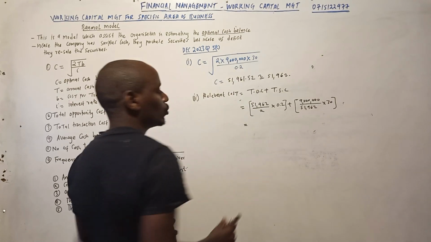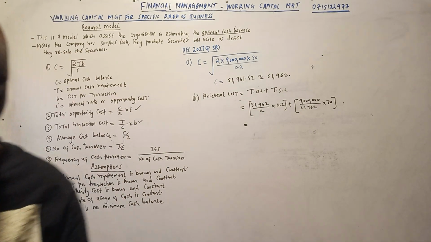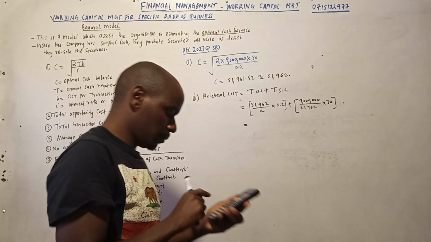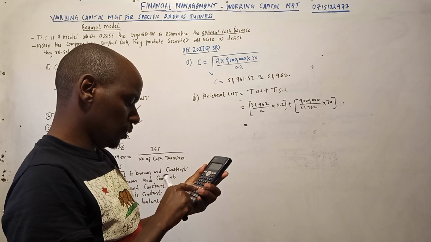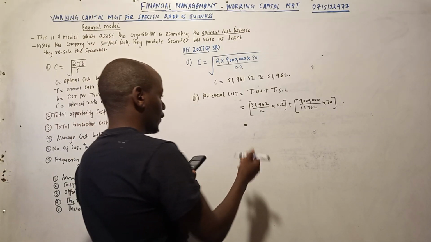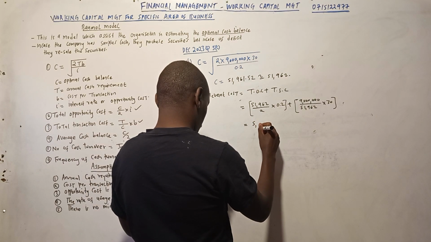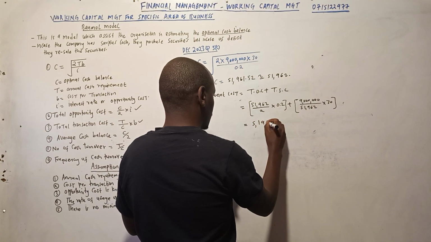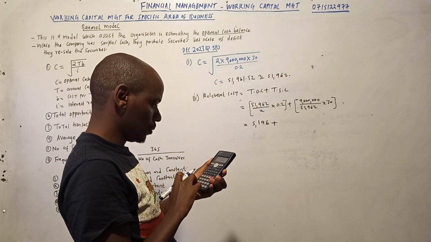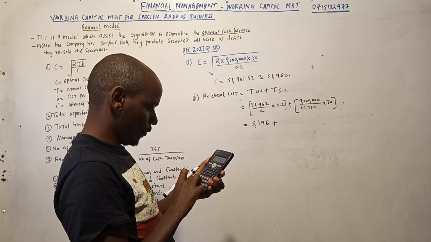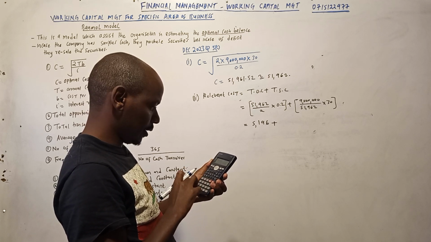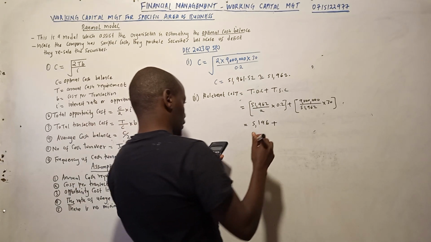When you add them together, remember that they should be the same. Let's confirm. 51,962 divided by 2 times 0.2 is 5,196. The other one is 9 million divided by 51,962 times 30, which is also 5,196.